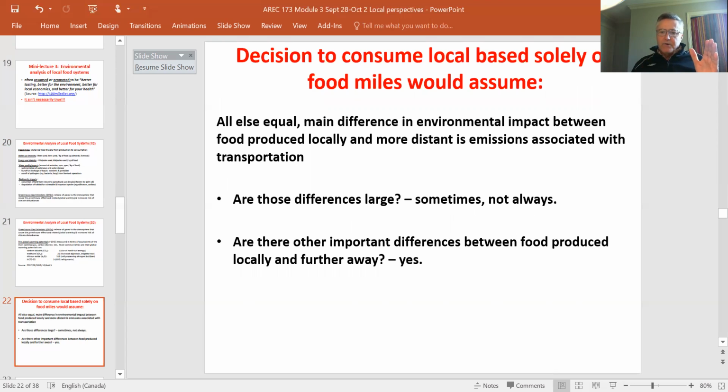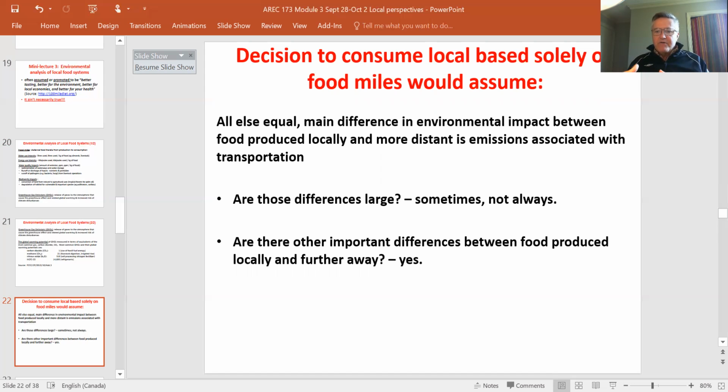Okay, so what does that leave us? Why would local food be better for the environment? It would be if everything else was equal and the differences really were about how far the food traveled. That means there are things happening, say water use and energy use and greenhouse gas emissions, associated with transportation of the food from where it's produced to where it's consumed.